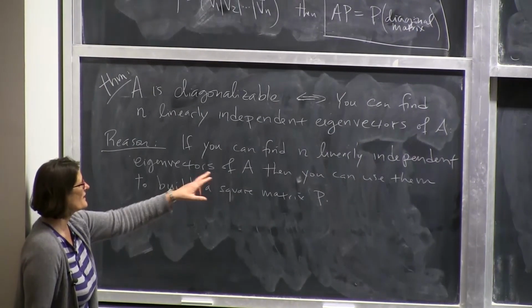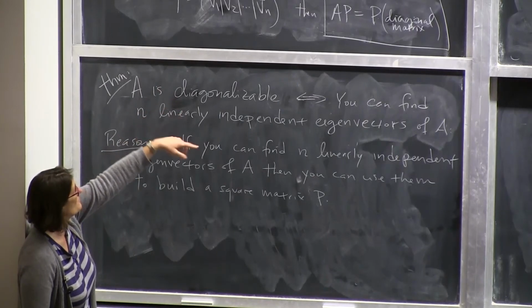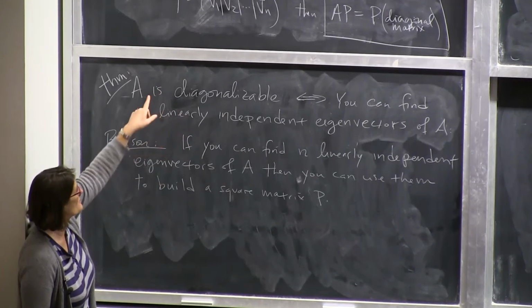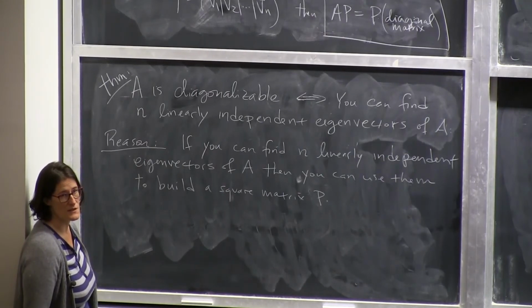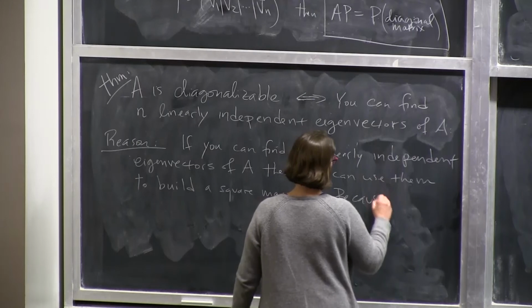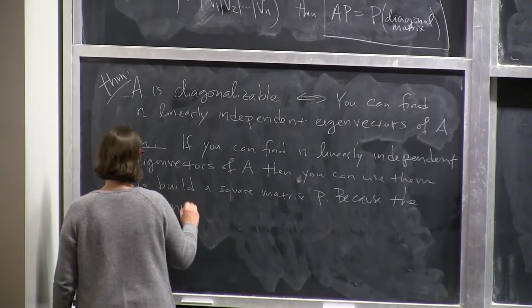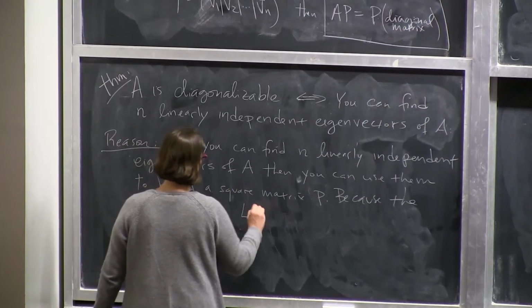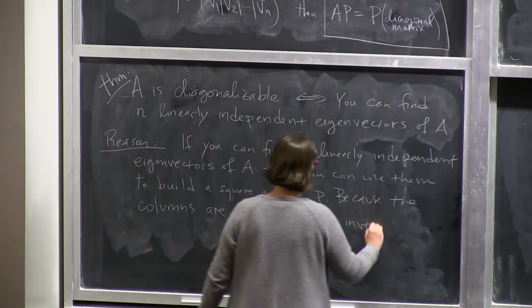So if I have n linearly independent eigenvectors, and I build a matrix by filling in the columns with those eigenvectors, what can you tell me about that matrix? It's invertible. Because the columns are linearly independent, that tells us P is invertible.